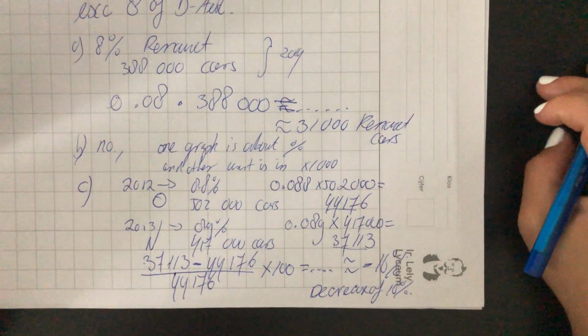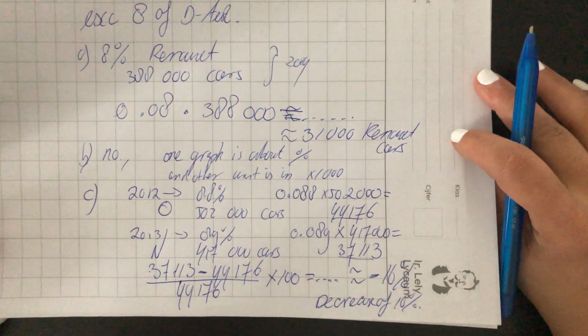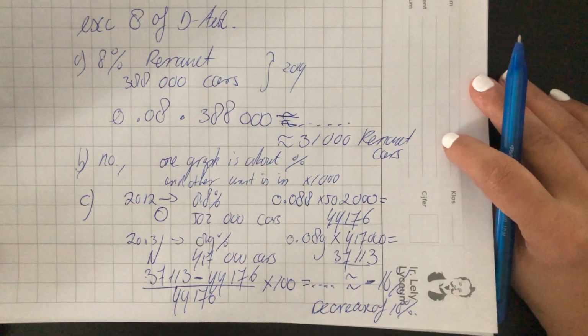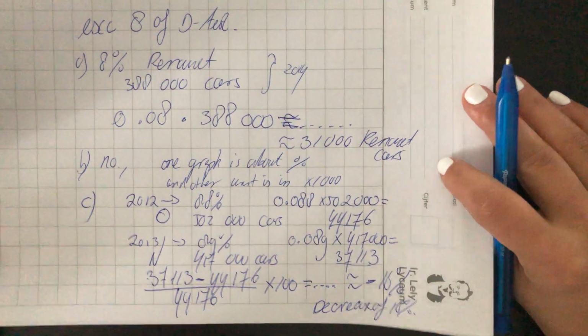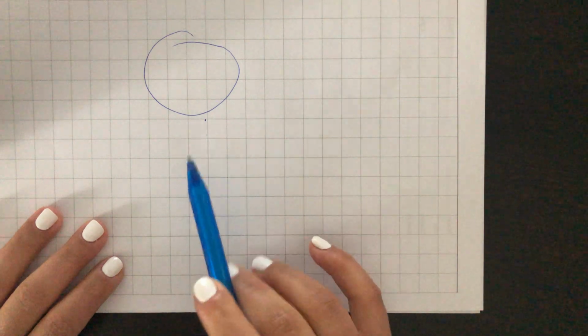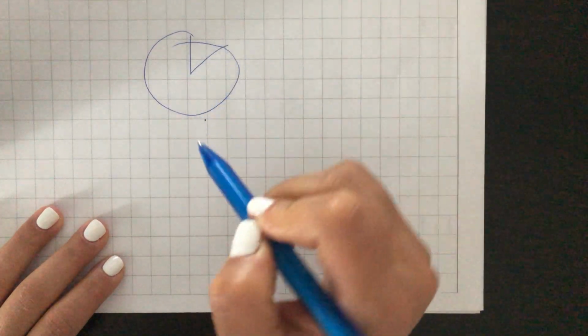Then for question D, Oscar is going to change the graph. He says, I'm going to make a pie chart for the car sales by the brand in 2016. Calculate the central angle of the sector for Renault. So what you need to remember about a pie chart, and this is something we've done already in the second year, is that it's divided into pieces.